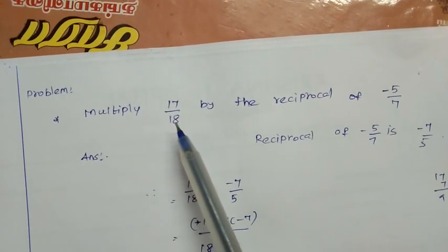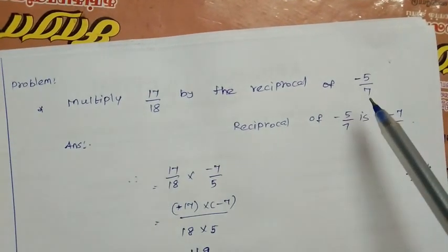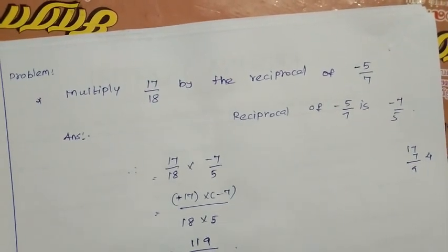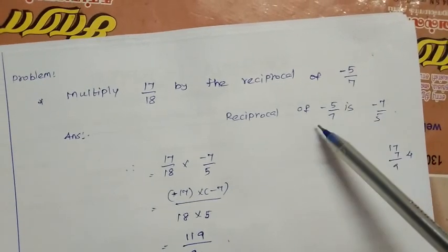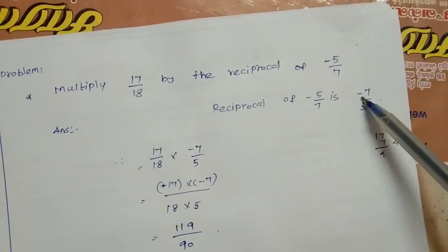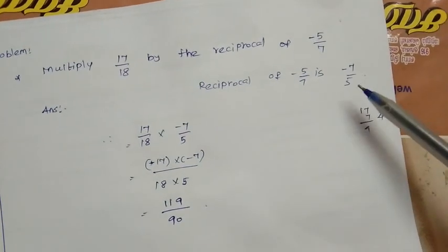Now suppose the problem: multiply 17 by 18 by the reciprocal of minus 5 by 7. Now we need to write the solution. What is the reciprocal of minus 5 by 7? With the minus in the numerator, it is minus 7 by 5.